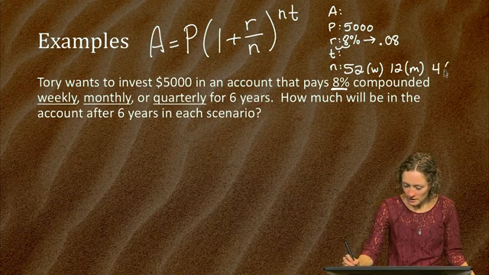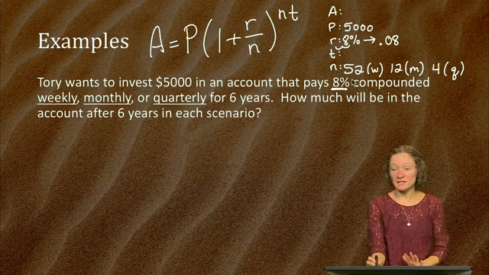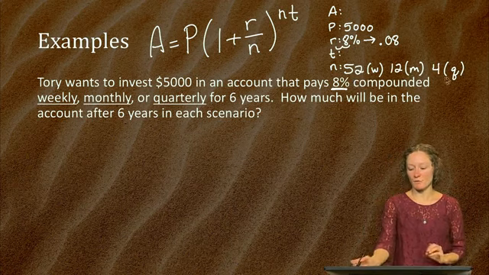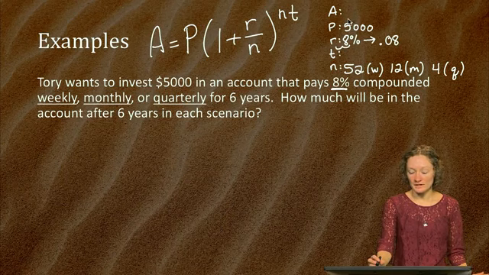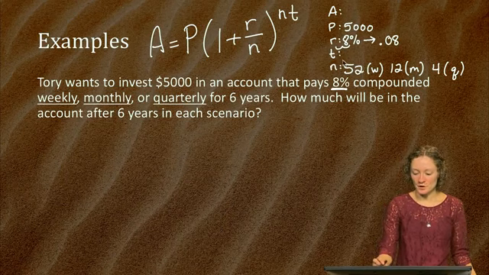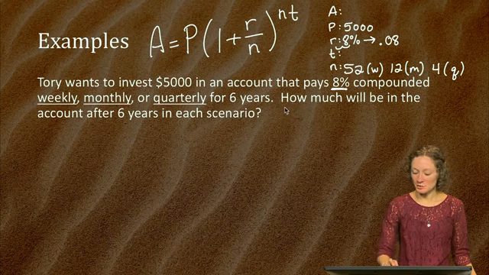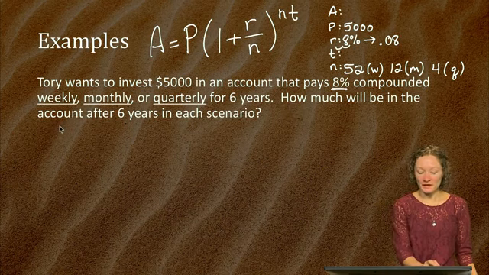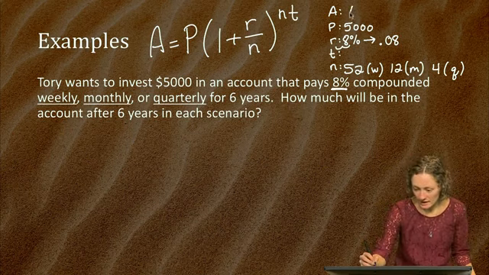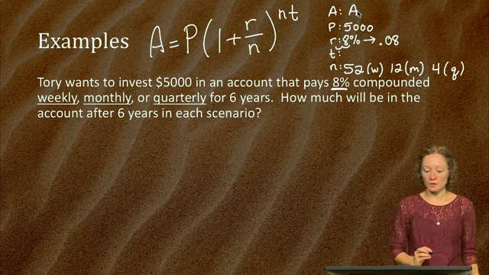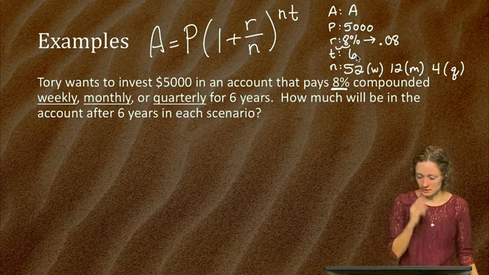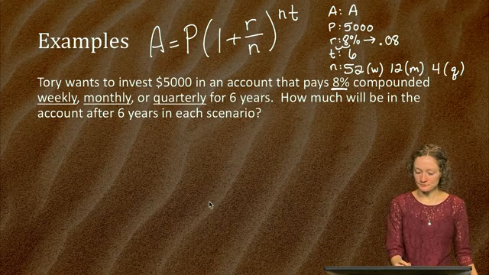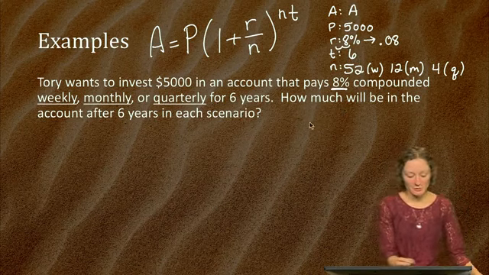So 4 for quarterly. So we have for the three scenarios the different n values that we'll plug in. Now we either need to have information for the A variable, the outcome variable, or the time. The question, how much will be in the account? That tells me that A is what I'll be solving for after 6 years. So time, 6 years.